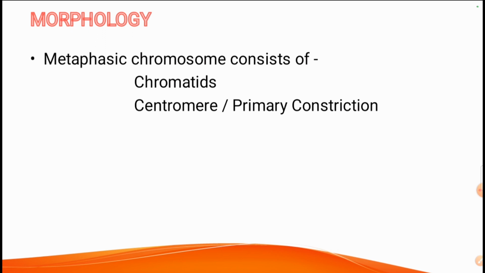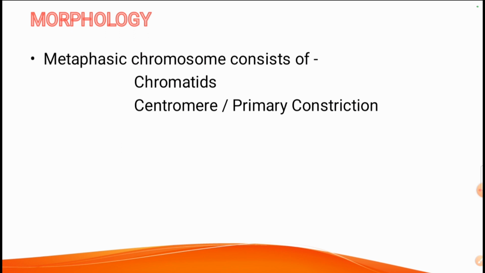Okay. So let us consider the metaphasic chromosome. A metaphasic chromosome is generally described when we talk about chromosomal structures because of their distinct structures. These are generally studied for morphological purposes. Got it?